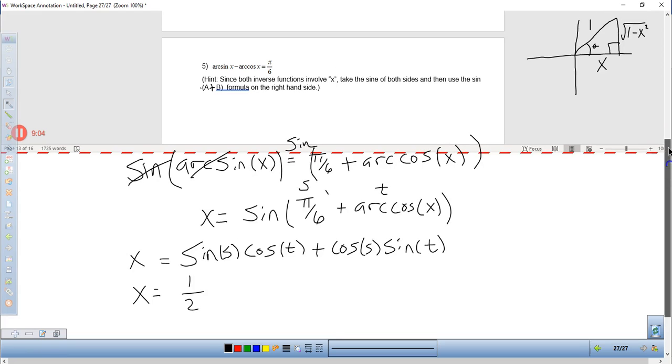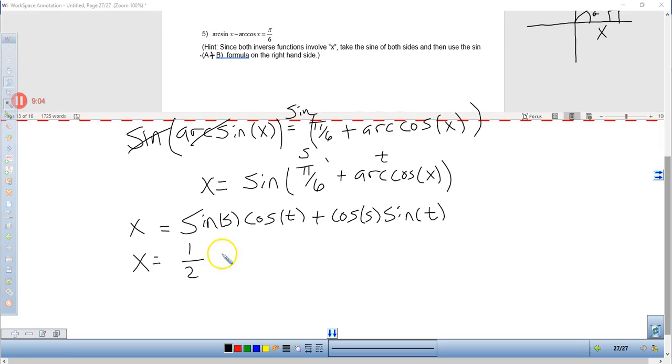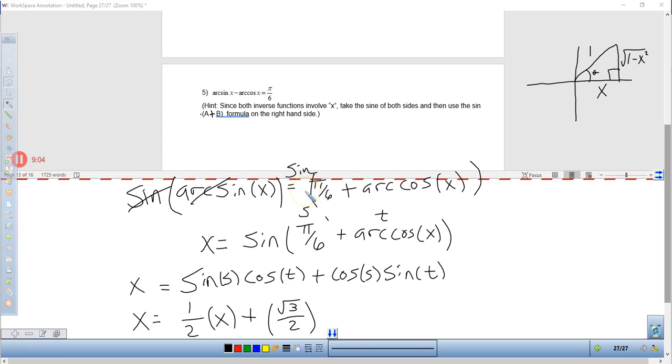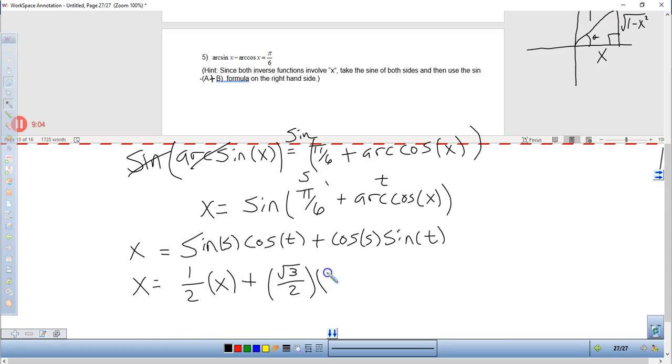Cosine of t, so we revert here, cosine of t is x over 1, so it's just x, plus cosine of pi over 6. Cosine pi over 6 is root 3 over 2. And now I need sine of t. Sine of t, opposite over hypotenuse, is just going to be the root of 1 minus x squared.